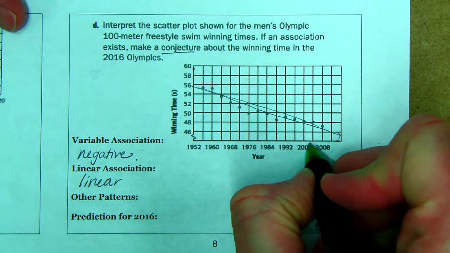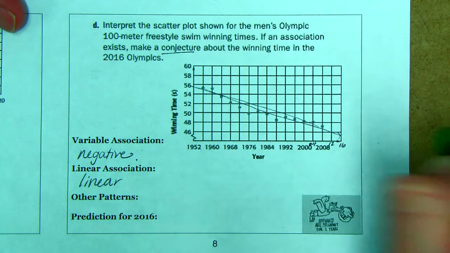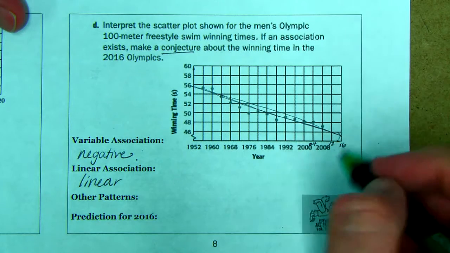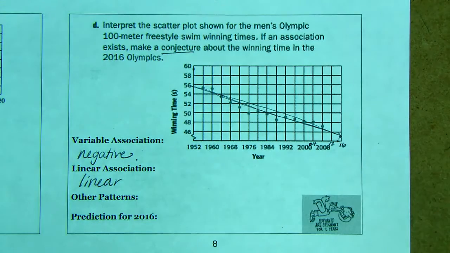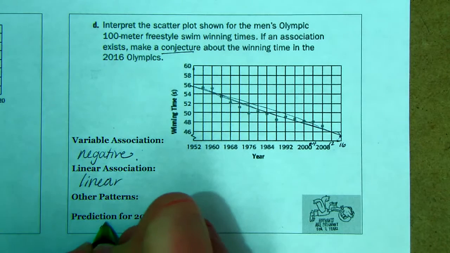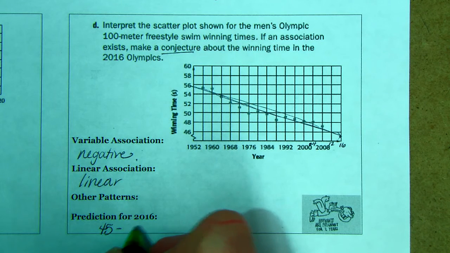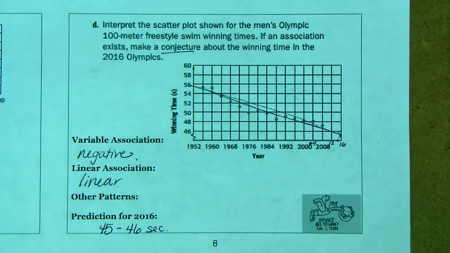If I looked at my line, a good prediction of time would probably be right around 45 to 46 seconds. Prediction. Okay, and then remember, write a sentence about this. I know it doesn't ask for one, but they do on your worksheet, so I wanted to make sure we touch base.